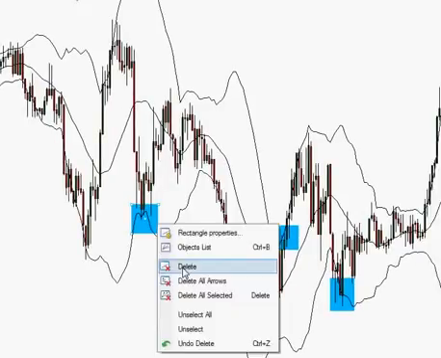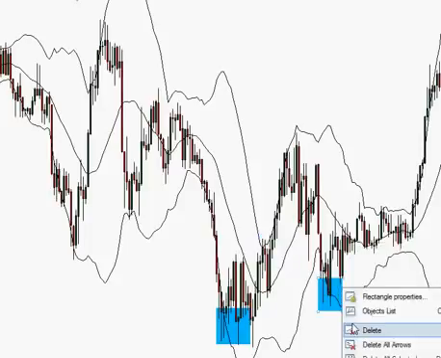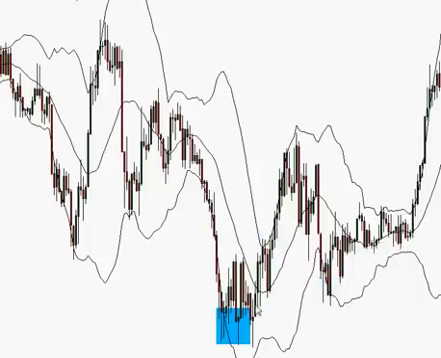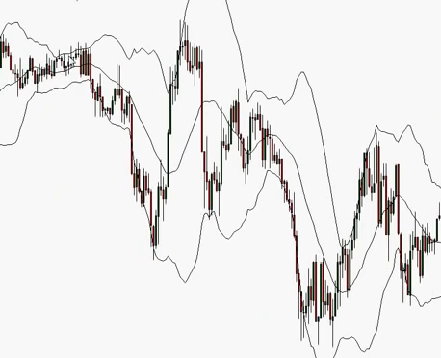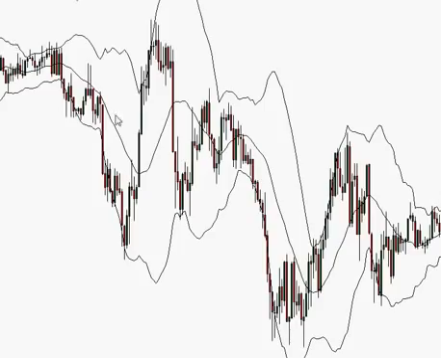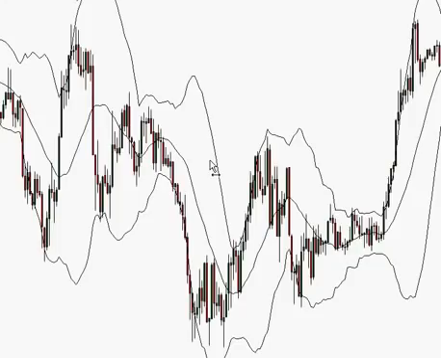The way I think Bollinger Bands are better traded is actually for the breakouts. Oftentimes people say that the tight Bollinger Bands, the contraction of the Bollinger Bands, rather, the breakout from the contraction is a nice trade, and you can see that was the case in this area here.